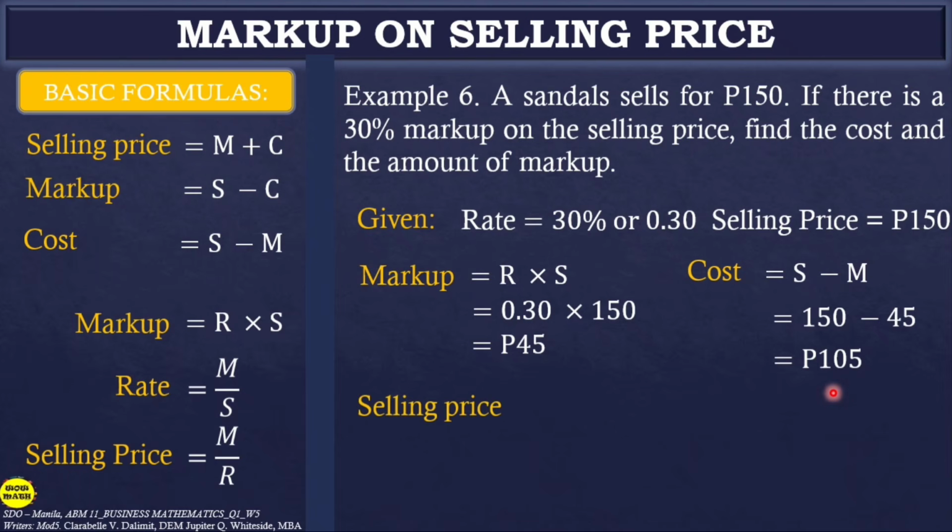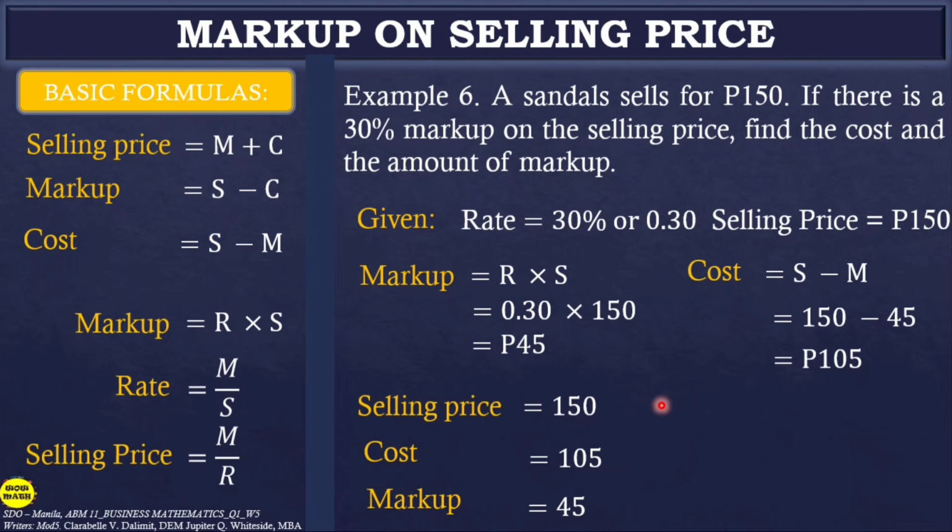And then if we want to convert or get the percentage of the cost and the markup based on selling price, ang mangyayari class, ang 100% ngayon ay nakay selling price. Okay, di ba kanina sa based on cost, yung 100% nakay cost.